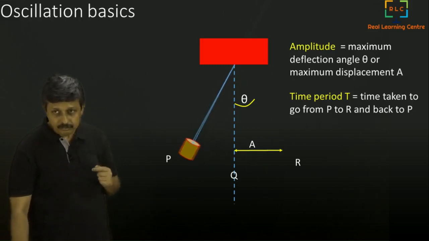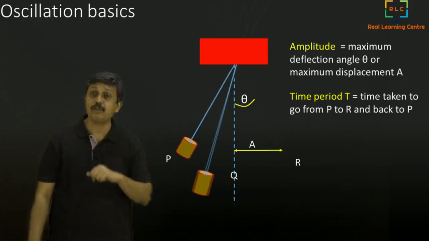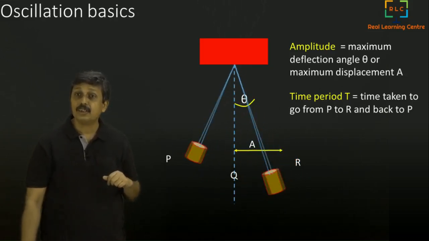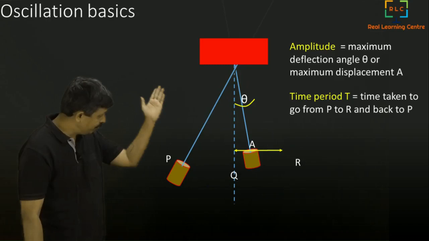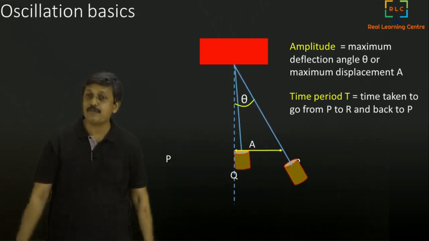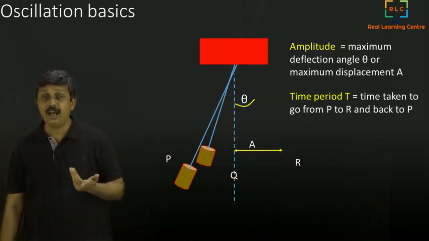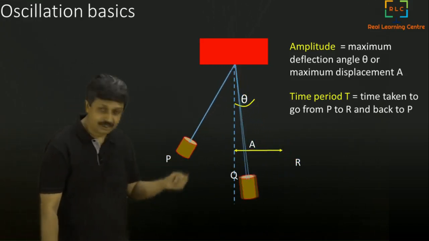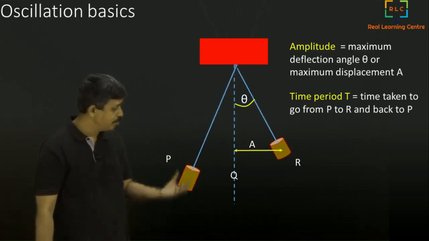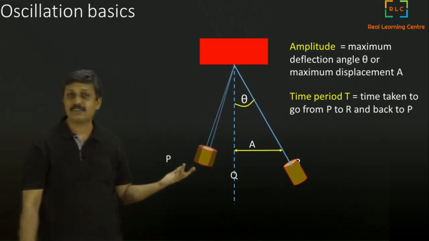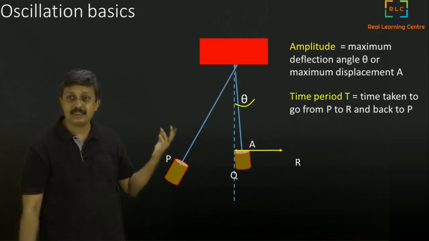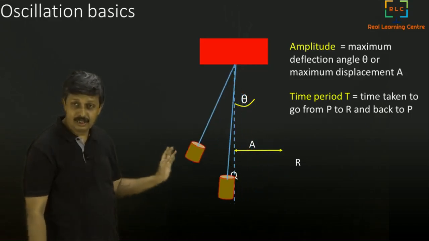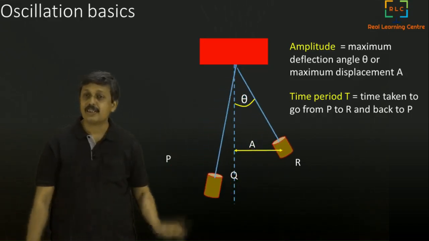And then, if you take one more such pendulum, we can clearly see the other pendulum is longer, the length of the pendulum is more. Because the length is more, you can see its period is varying, in the sense that it is going more slowly than the other. The length is smaller in the first pendulum and it goes quite fast, and the length is larger in the second one, it goes slowly.